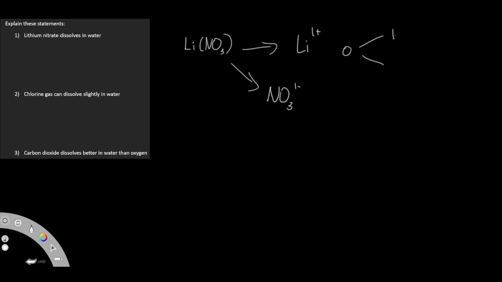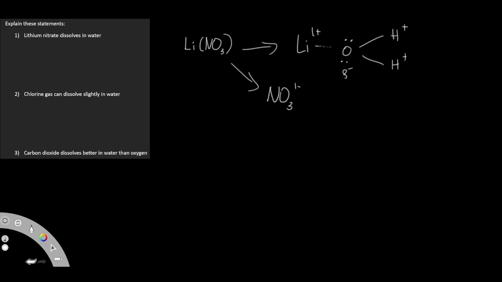So if we have lithium nitrate and it dissolves in water, again, dissolves, so let's have it break apart. So let's have Li plus over here and NO3 minus over here. If we have water, obviously this side's more negatively charged, this one's more positively charged, this one's more positively charged.